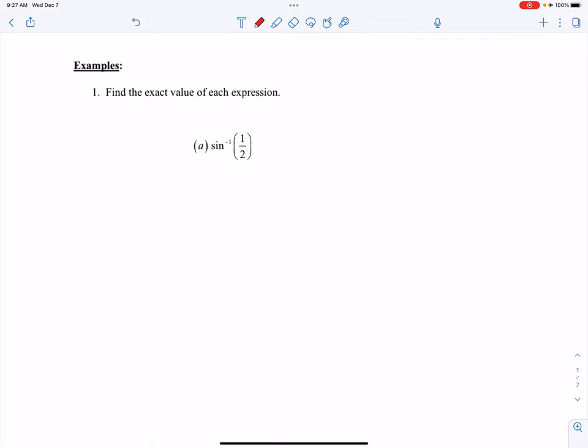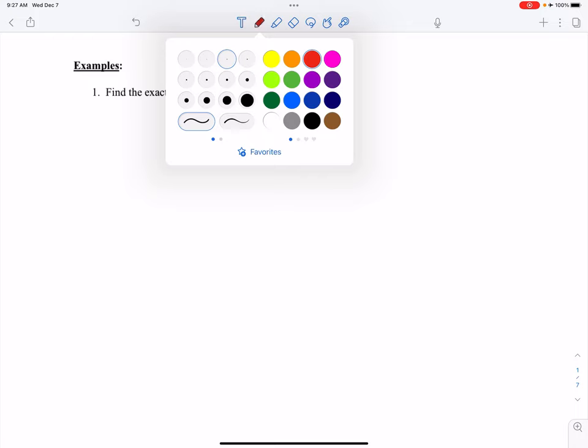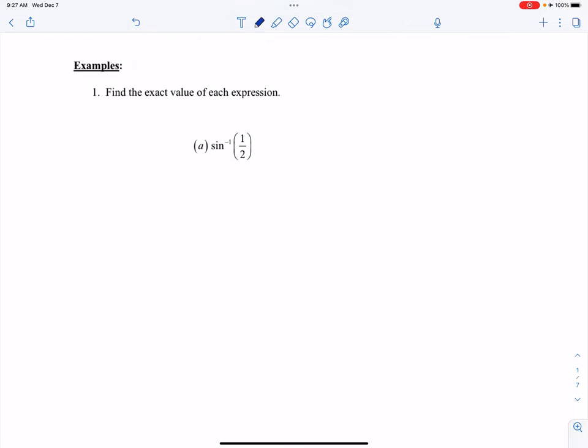Okay. So let's start by looking at the exact value of some of these expressions. We're going to start with sine inverse of 1/2. In order to find the exact value of this inverse function, I'm going to say we're looking for a theta where sine inverse is 1/2.